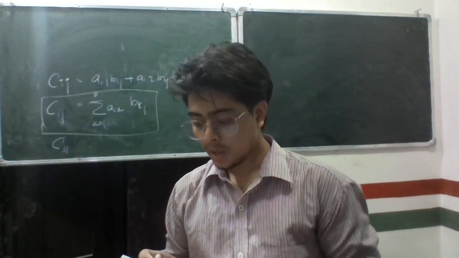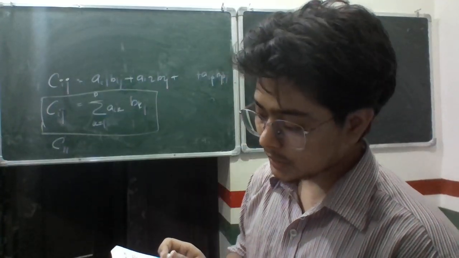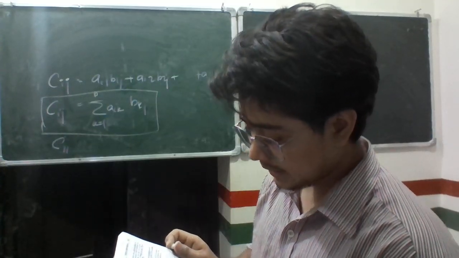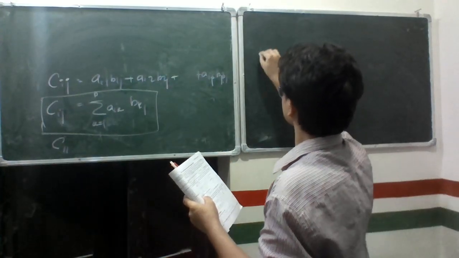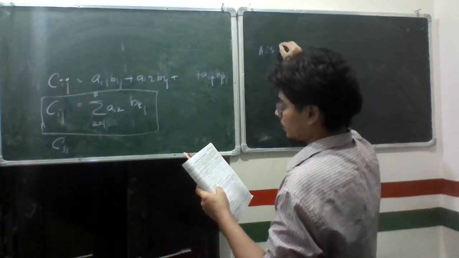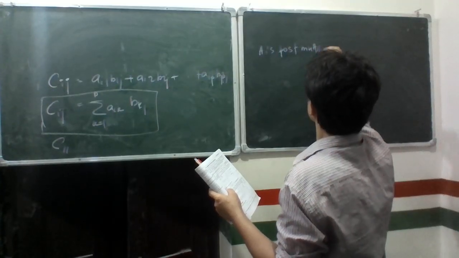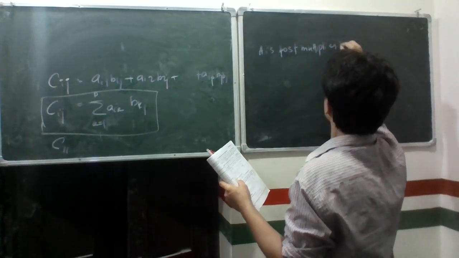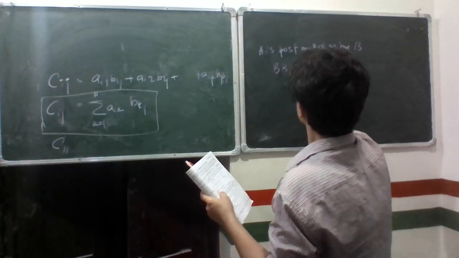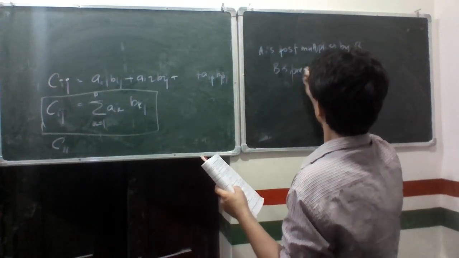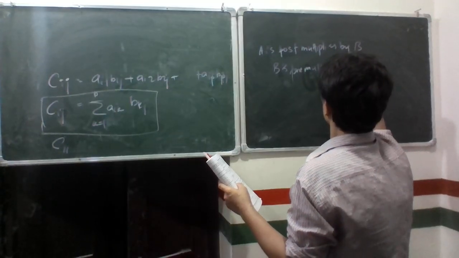When we say A is post-multiplied by B and B is pre-multiplied by A, it is referring to the product AB. Let me write it: A is post-multiplied by B, or B is pre-multiplied by A.